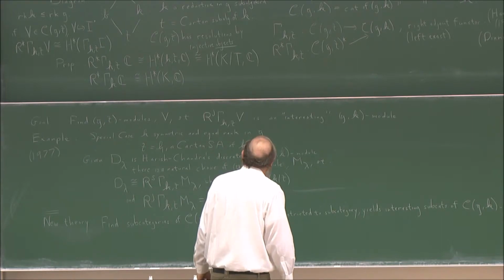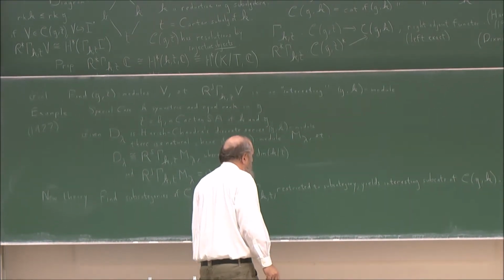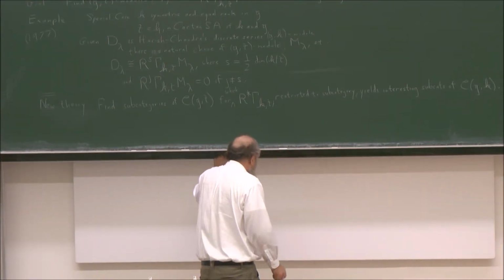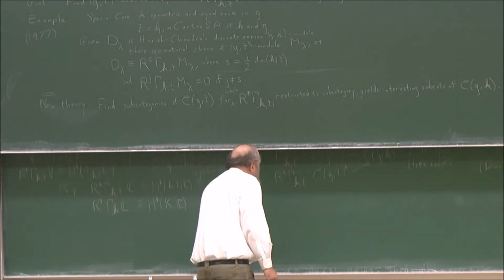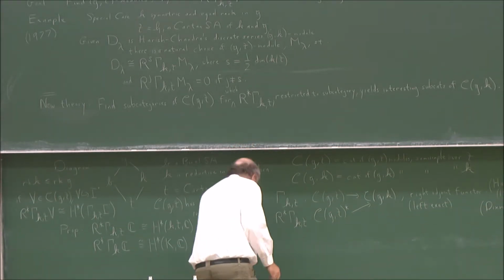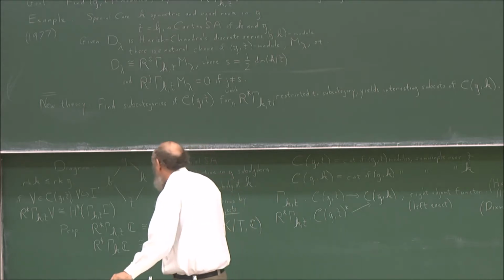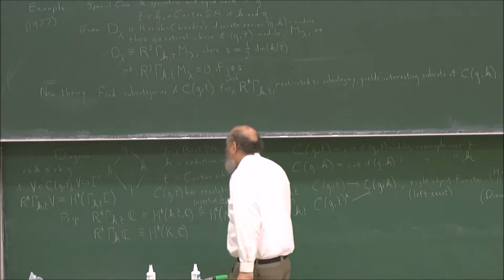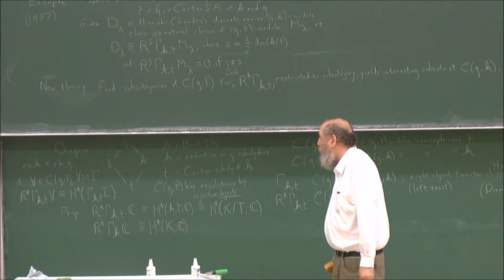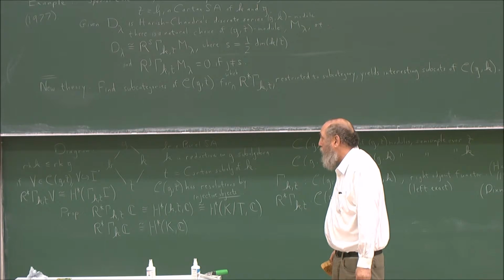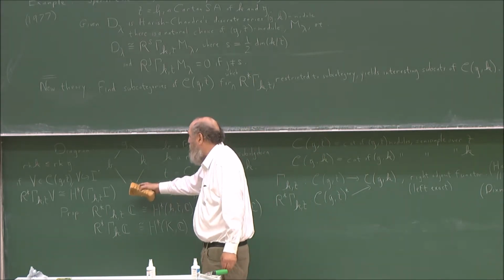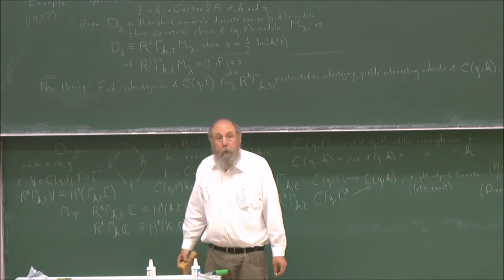So let's go back to this diagram. Well, if I simply ask that B be a Borel subalgebra of G that interpolates between T and G, it's not a very strong condition.